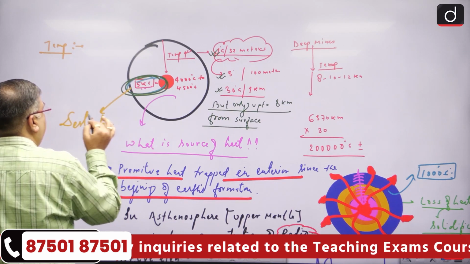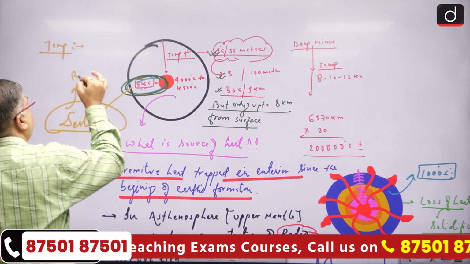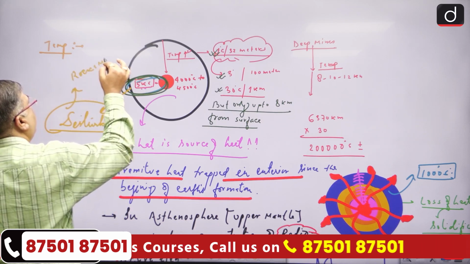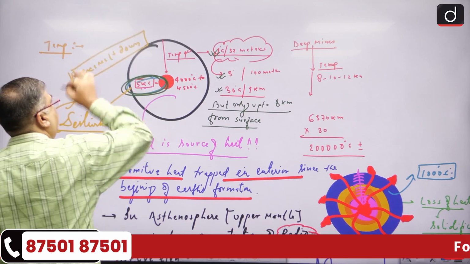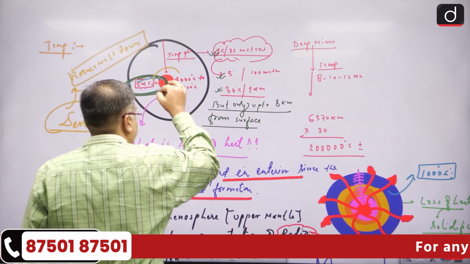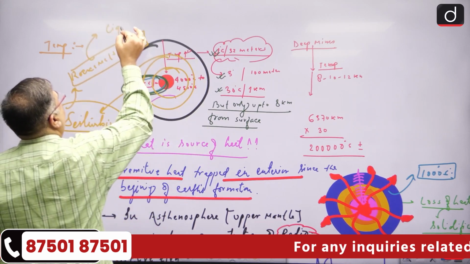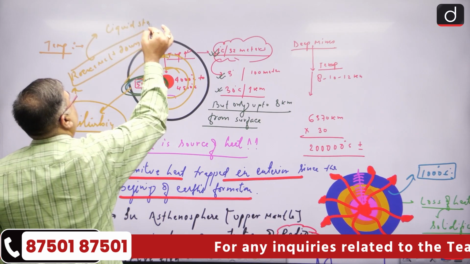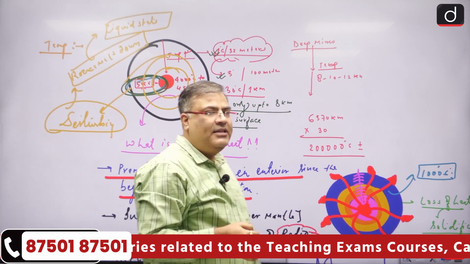Because at such a high temperature, rocks should melt down. The interior of the earth, especially this part and this part, should be in the liquid state. So should we conclude that the earth interior is in the liquid state?